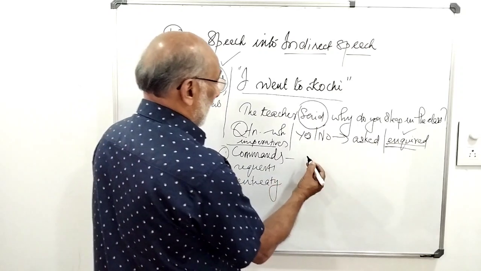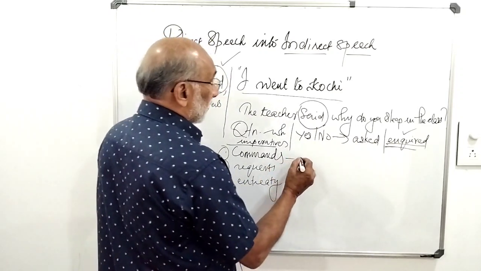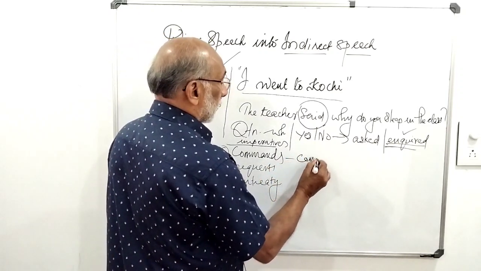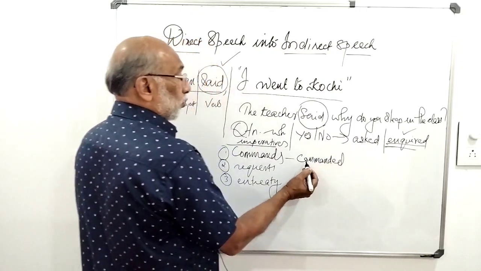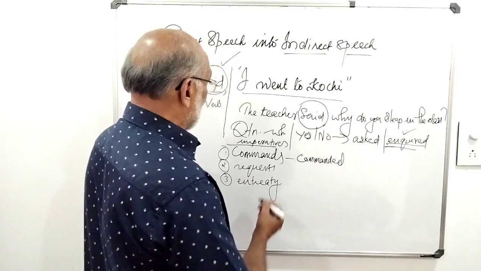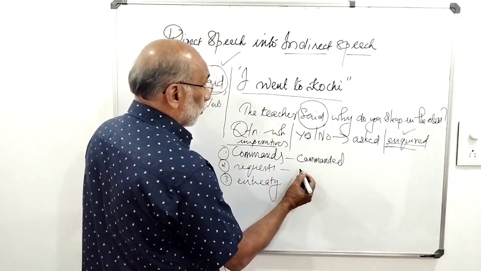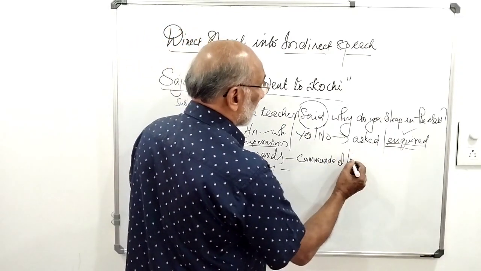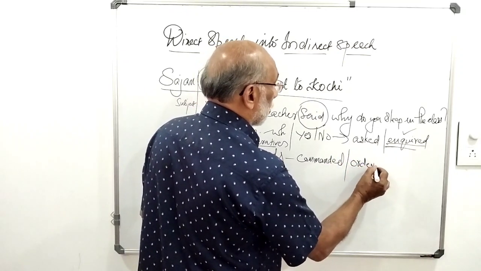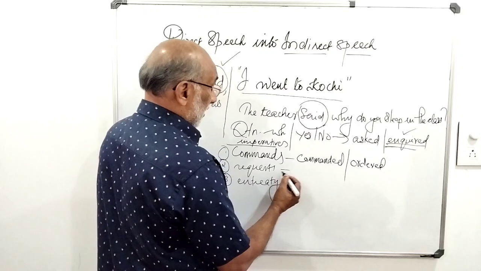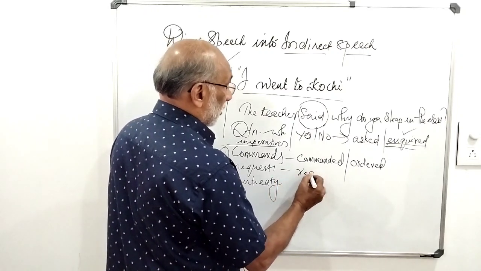Okay, in the case of commands, you can use the reporting verb commanded, there are two M's, I mean double M there, commanded. Even in the case of a command, you can use the reporting verb ordered. Okay, ordered, it's a choice. And here, of course, you can use requested.